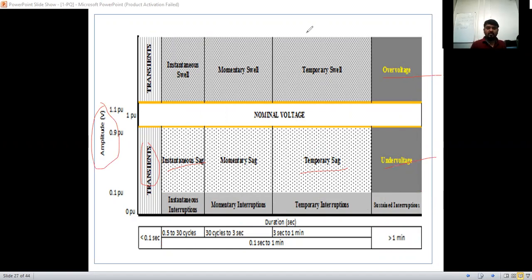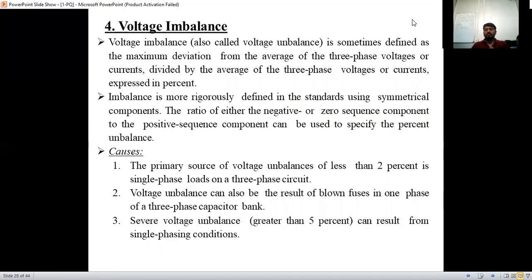Now we will go for voltage imbalance. This voltage imbalance is very simple to understand for all of you. For example, in your houses, you are going to use single-phase supply or 3-phase supply.